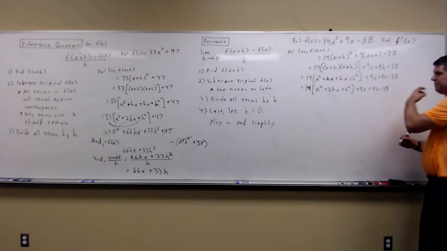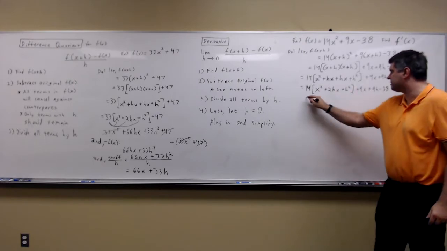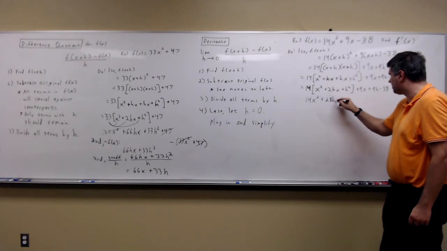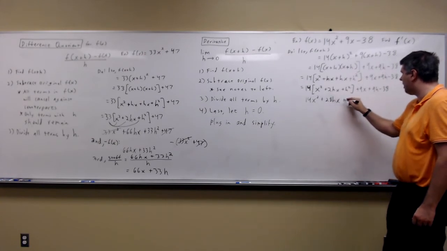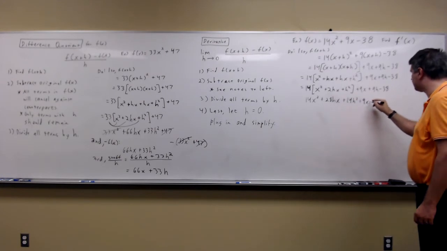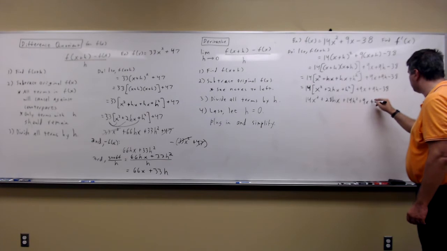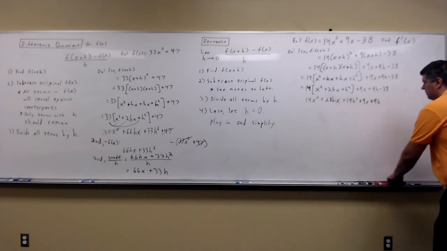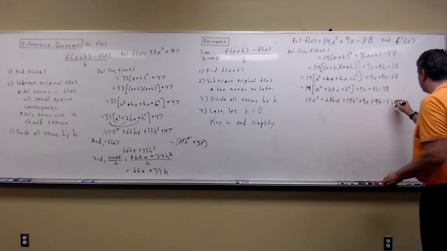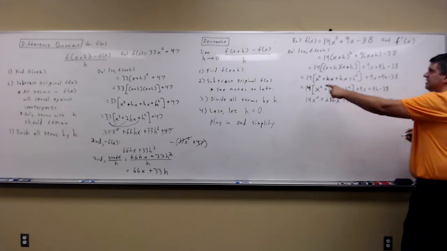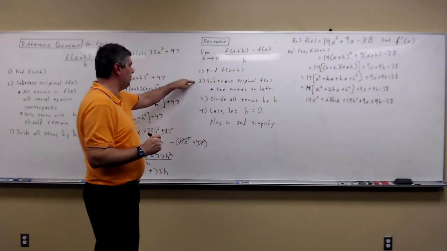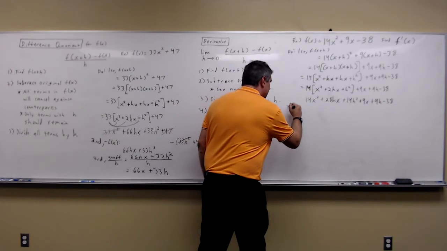And then I'm going to distribute this through, giving me 14x squared plus 28hx plus 14h squared plus 9x plus 9h minus 38. And f of x plus h is simplified. So I can now move on to step 2, which is to subtract the original f of x.